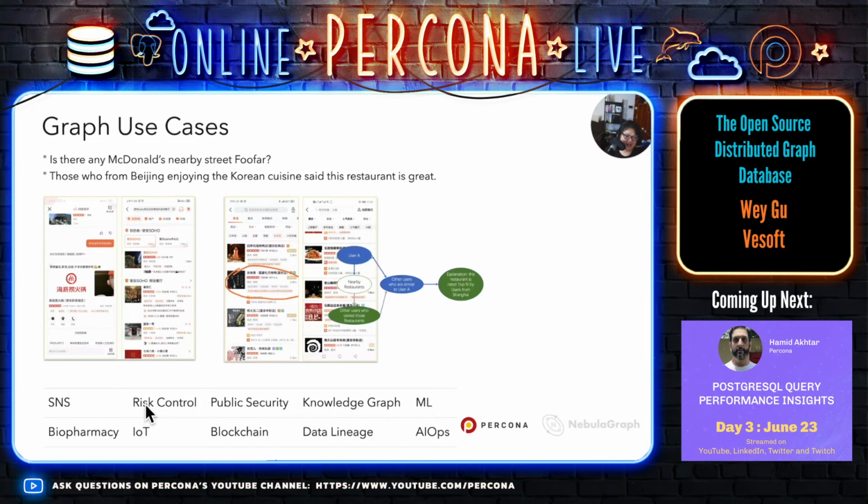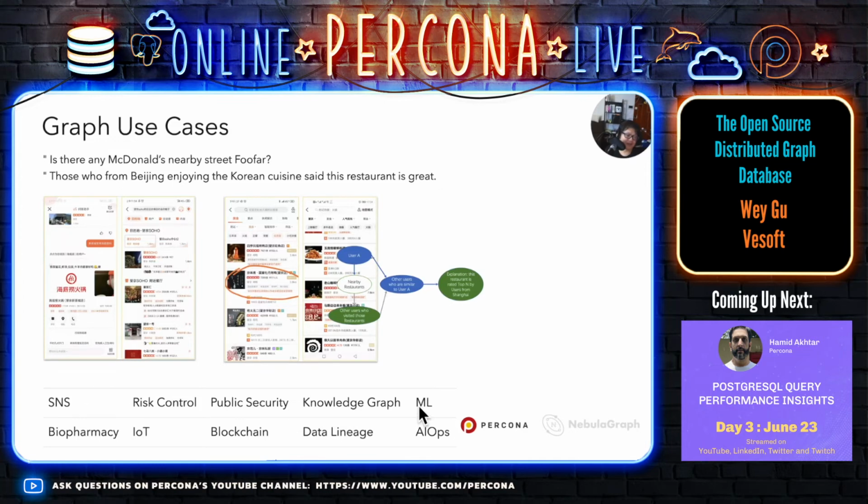In fintech or other domains like risk control, when a transaction comes in, you can detect online if it matches a fraud graph pattern. Public security has similar use cases, and the knowledge graph can be stored in a graph database. In that case, your query patterns involving complexity and multi hops will be much easier this way.